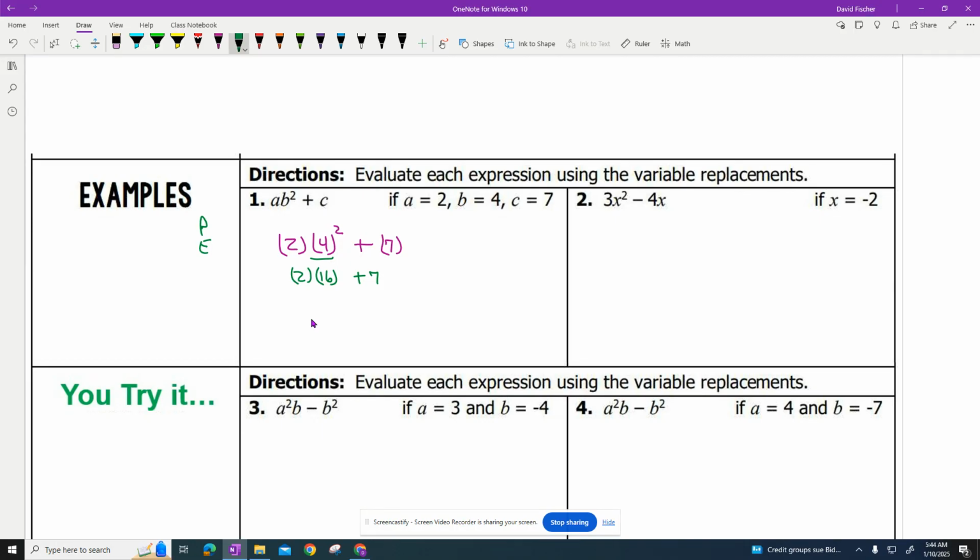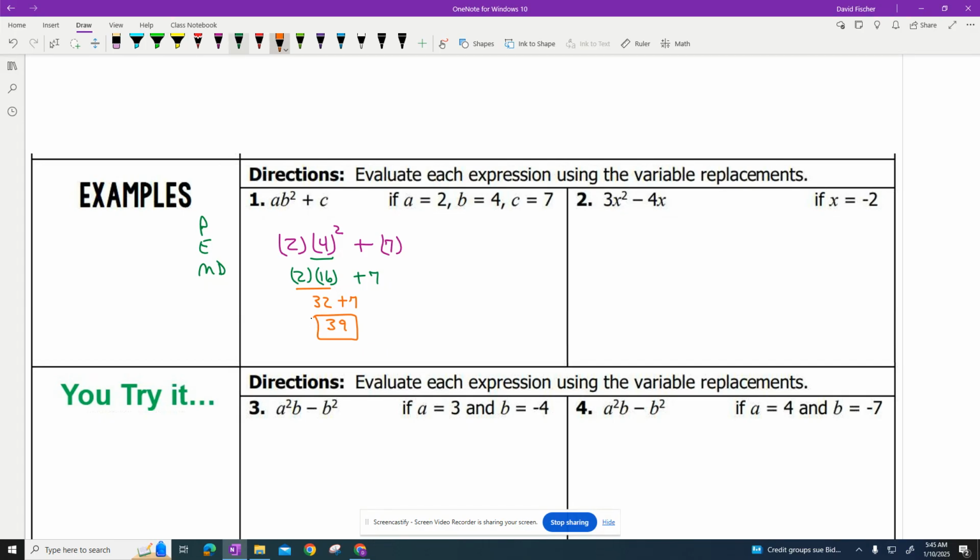Because there's no more work to do. But over here, I kept the parentheses because that 2 parentheses is touching the 4 parentheses, and so that means multiplication still. And so that's my next step, is to go through and do multiplication and division next, which I got multiplication right there. And so 16 times 2 is 32 plus 7. And now let's just finish 32 plus 7. Okay?